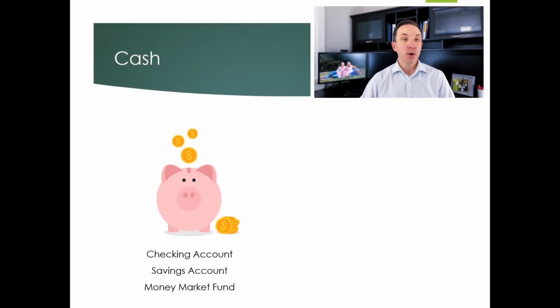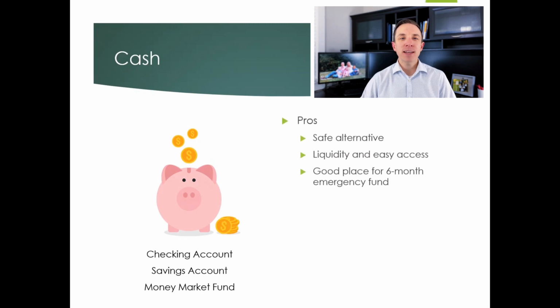Now, there are pros and cons to investing in cash. The pros are that your investment is very safe, especially if you hold cash in an institution that is insured by the FDIC, or the Federal Deposit Insurance Corporation. Another pro is that your investment is very liquid. In other words, you can convert it into purchasing power for goods and services very easily.